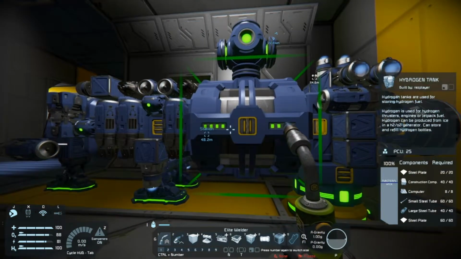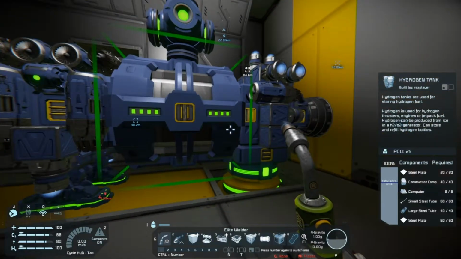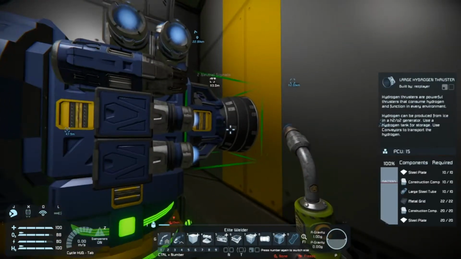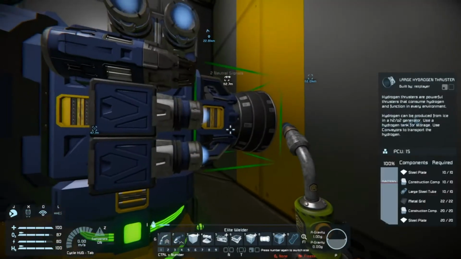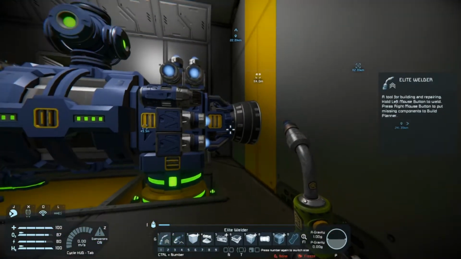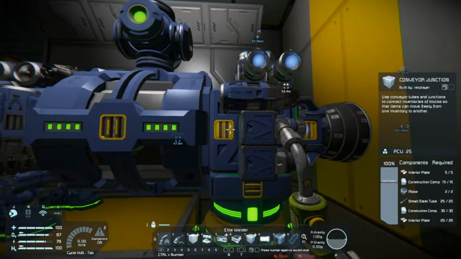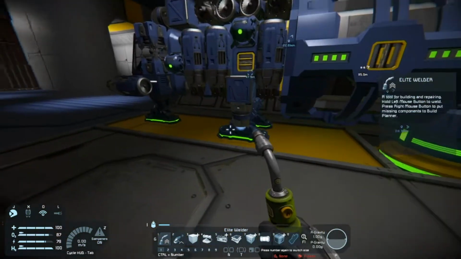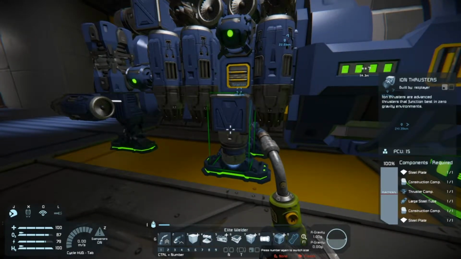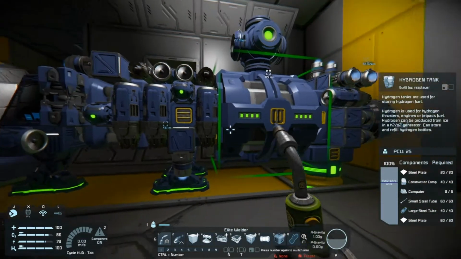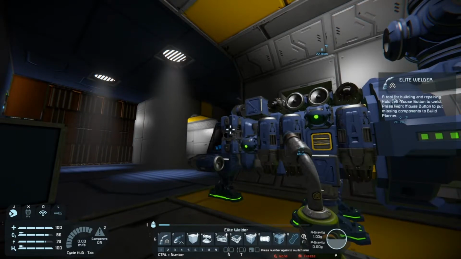If you don't have anything in the tank stored up, it will run out of fuel and then you will be basically without any kind of acceleration from your hydrogen thruster, which when you're trying to go through a planet, or if you haven't found the platinum for your ion thrusters yet, you could be just floating in space.